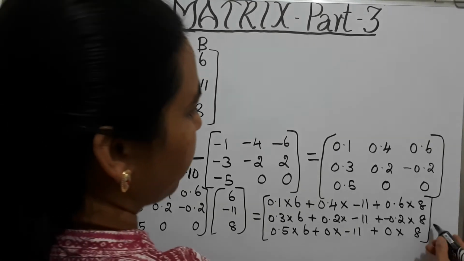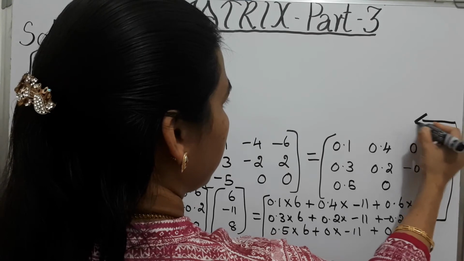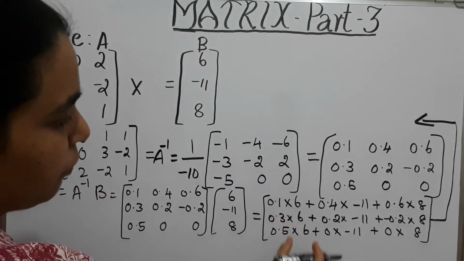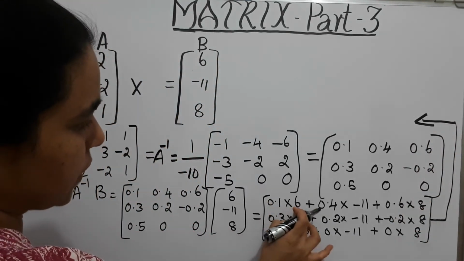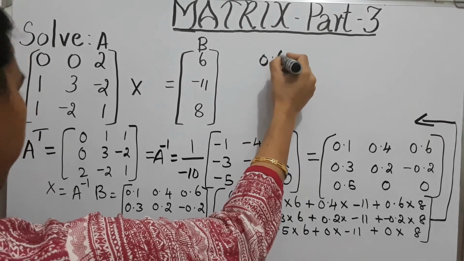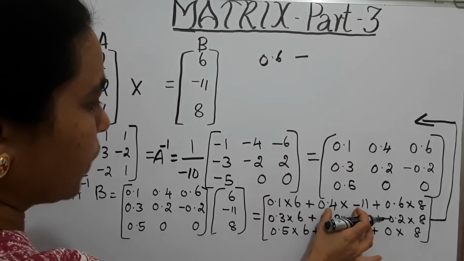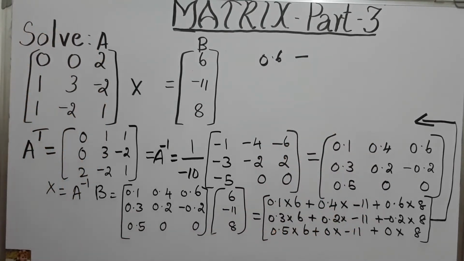now we can simplify this matrix. When you simplify this matrix, 0.1 times 6 is 0.6, and then when you multiply these two, you will get 4.4.